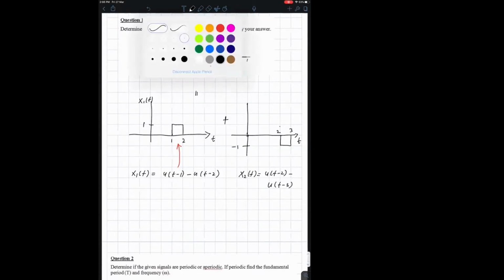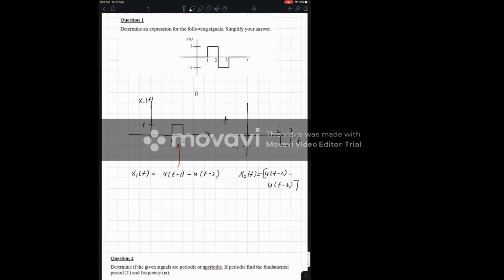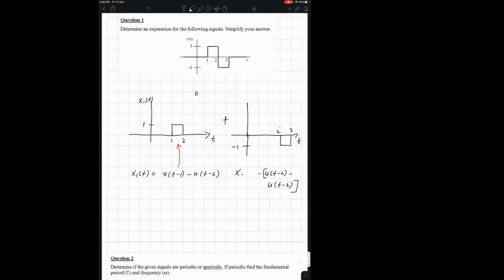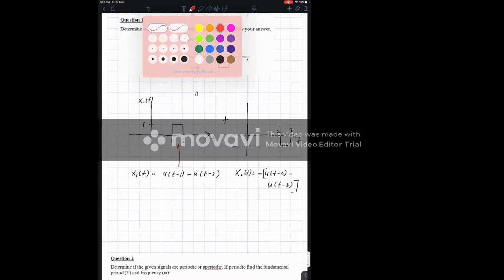You have to include a minus sign, because you can see this is the negative 1.